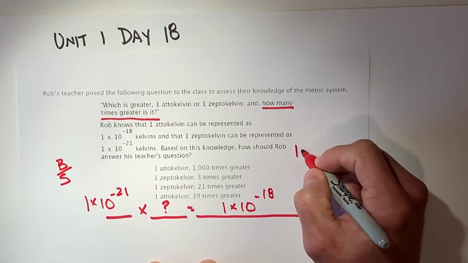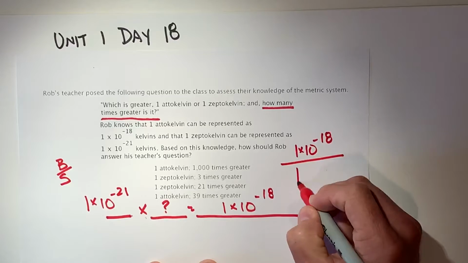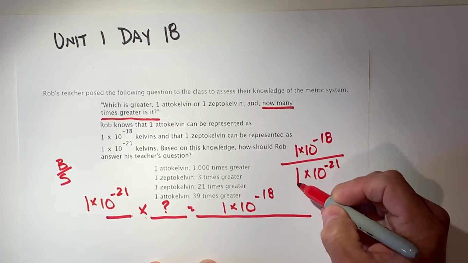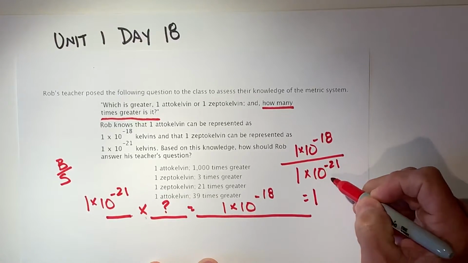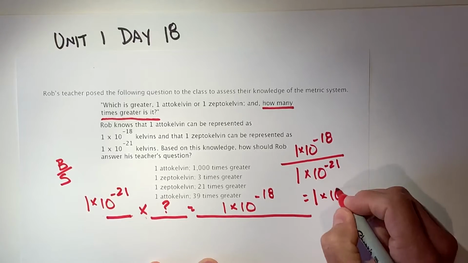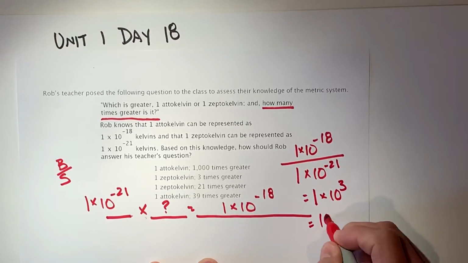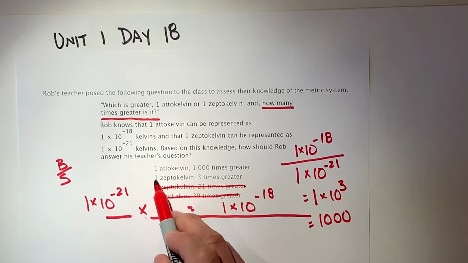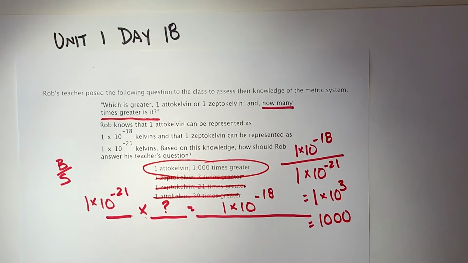So the big, 1 times 10 to the negative 18th, divided by the small, 1 times 10 to the negative 21st. 1 divided by 1 is 1. Negative 18 minus negative 21 is 3. And 1 times 1,000 is 1,000. So I know that I'm looking for the number with the 1,000. In this example, I only see one that even lists 1,000. So therefore, I know my correct answer must be the first choice.